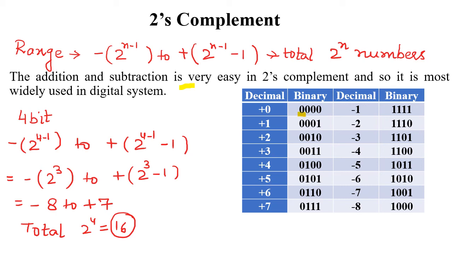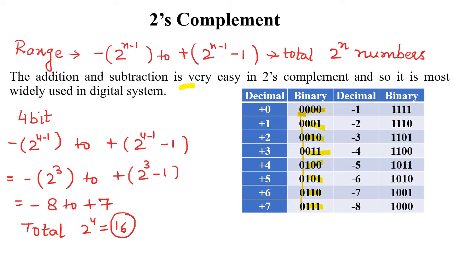The first bit represents the sign bit and the remaining 3 bits represent the magnitude. 0 1 0 is plus 2, 0 1 1 is 3, 1 0 0 is 4, 1 0 1 is 5, 1 1 0 is 6 and 1 1 1 is 7.